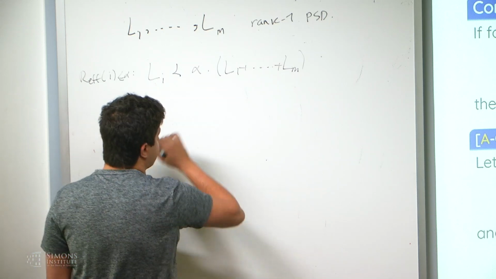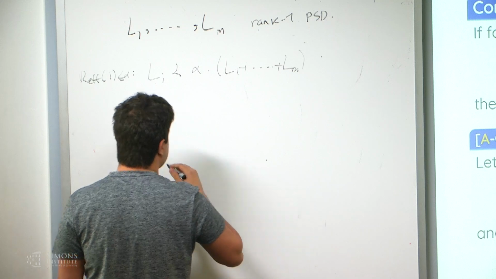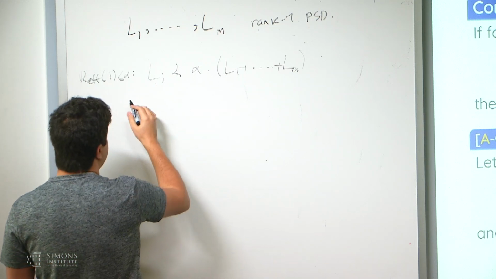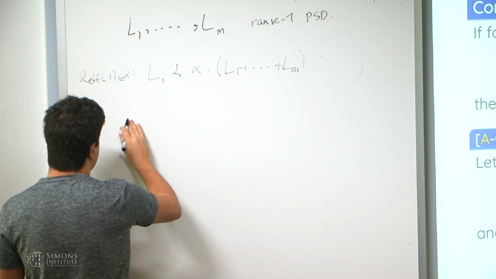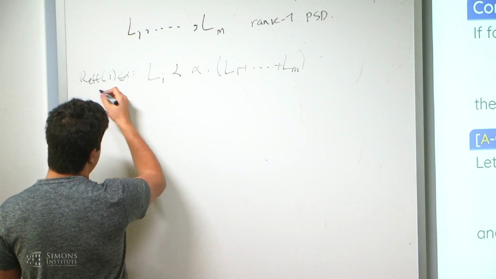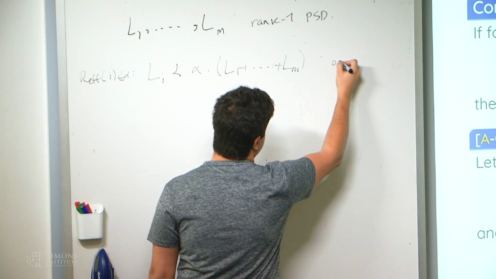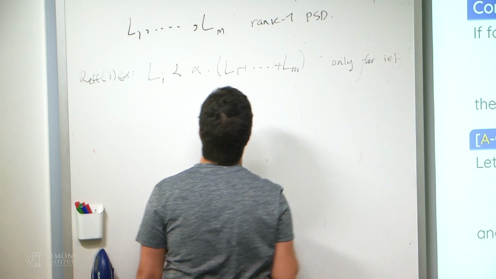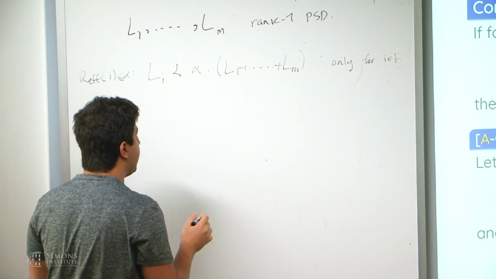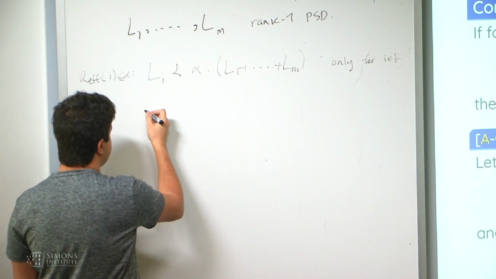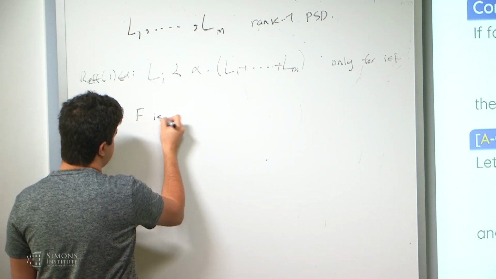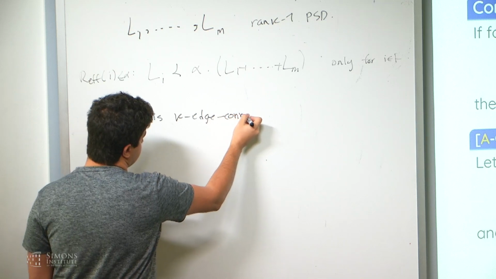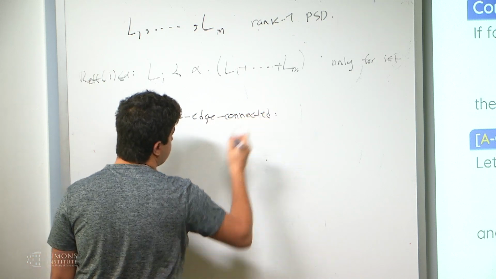If you have such a condition, Marcus, Spielman, and Srivastava showed that you can get a spectrally thin tree. But here we have this condition only for the set F. On the other hand, what we know is that the set F is k-edge connected.